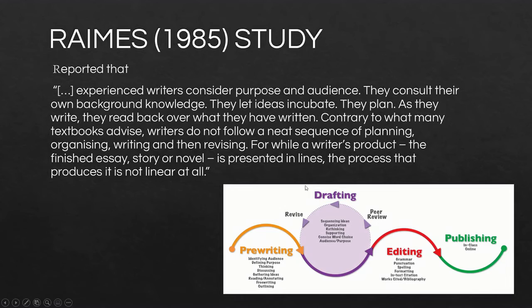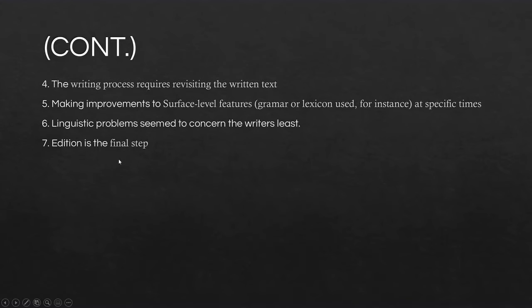So this picture here represents a somewhat linear way of working or producing writing. It's not fully linear. It's somehow, as you can see, curved because, as you saw before, experienced writers tend to come back and revisit previous sections and deal with concerns of grammar, lexicon, punctuation, spelling at the end of the process.